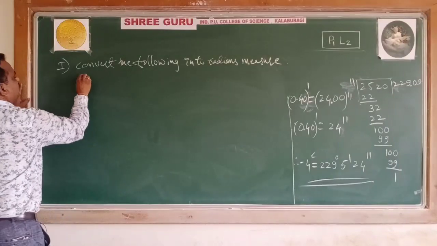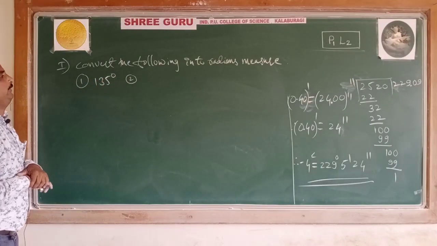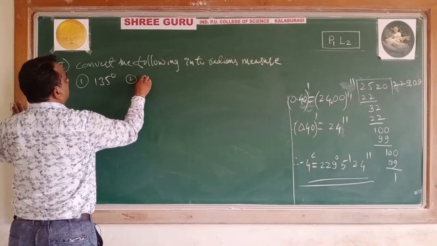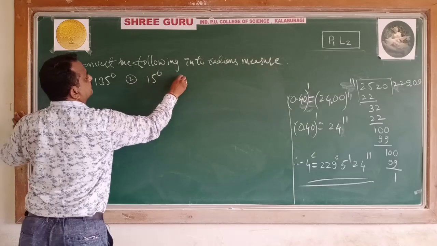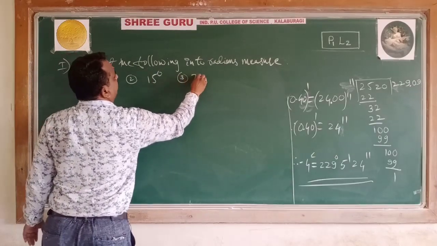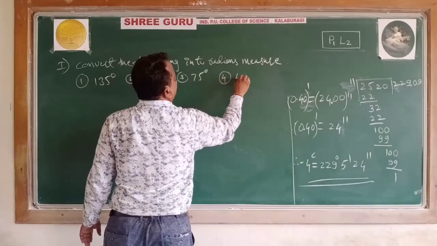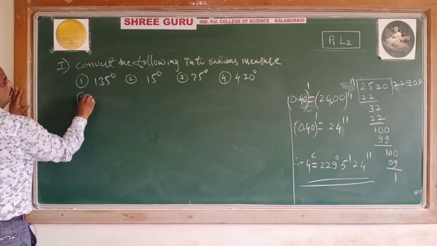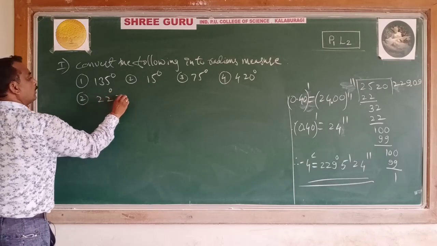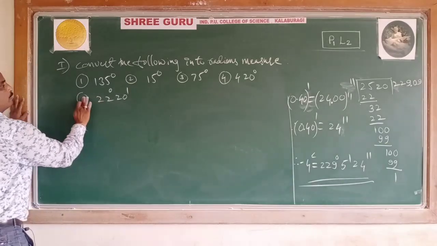Let us convert some simple examples: 135 degree in terms of radian, 135 degree, 15 degree, 75 degree. Very simple examples. 420 degree. Let us see, 22 degree 20 minutes. Fractions also you may take. 2 fractions.